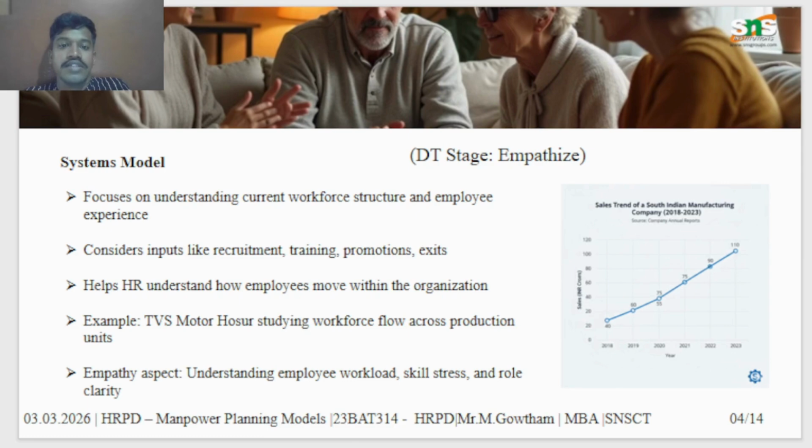HR analyzes how the workforce flows through the system. If the output is weak, something is wrong in the input or the process. It helps HR think holistically instead of focusing on one issue. This model is great for long-term planning and improving organizational efficiency.